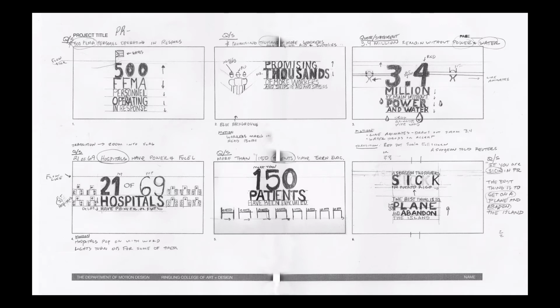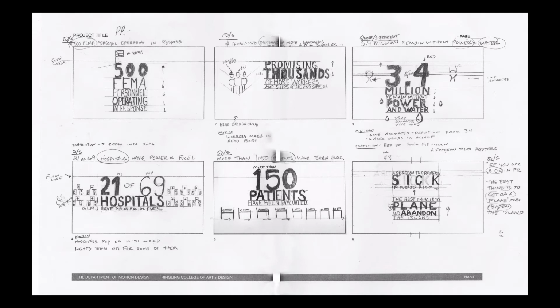So for example, in the first frame here, I'm using 500 in bold and FEMA actually in a medium weight of a typeface. This helps create emphasis by using size and weight. Same thing with thousands. It's the largest on the frame and then also weighs the most.